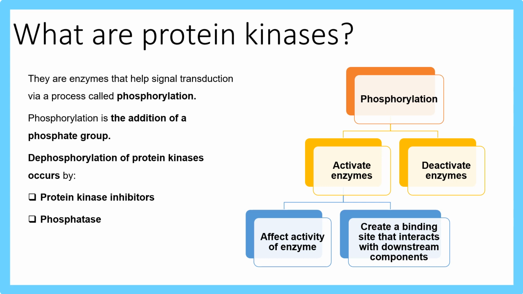When we discuss phosphorylation, sometimes this activates the enzymes, sometimes this deactivates the enzymes. However, in the case of activating the enzymes, it can affect the activity of the enzyme, or it can create a binding site that interacts with downstream targets. So downstream means later on within the signaling pathway.